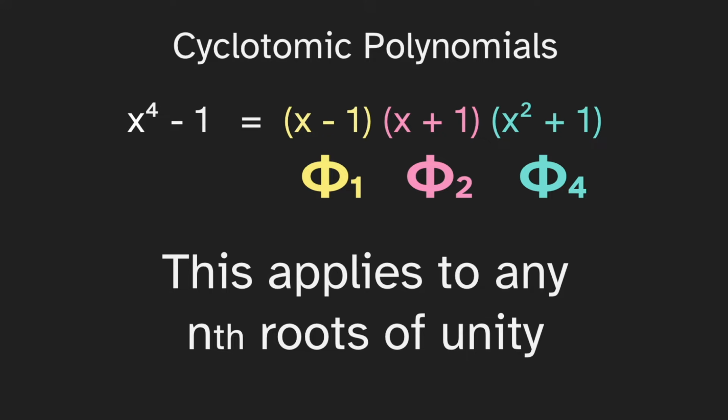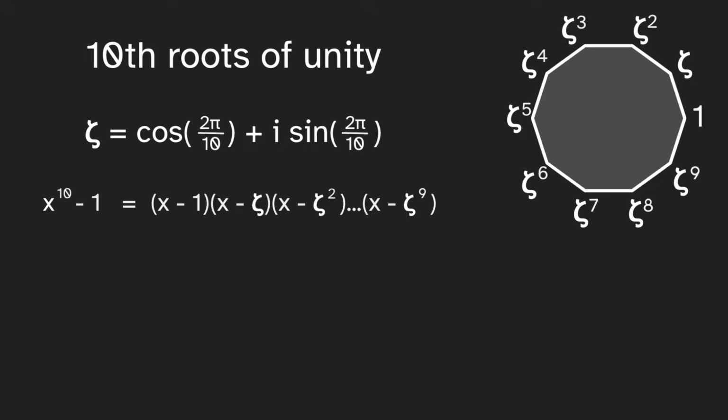Let's take a look at another example. So here we have the 10th roots of unity. You can see them on the right, 10 evenly spaced points around the unit circle. And here zeta is 1/10 of the way around. And again, we can factor x to the 10th minus 1 into x minus 1 times x minus zeta times x minus zeta squared, and so on.